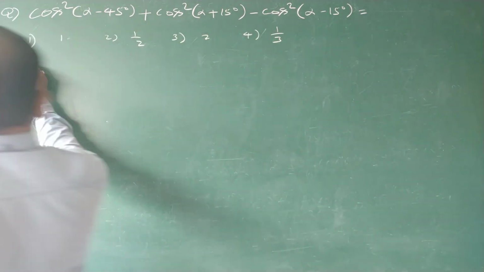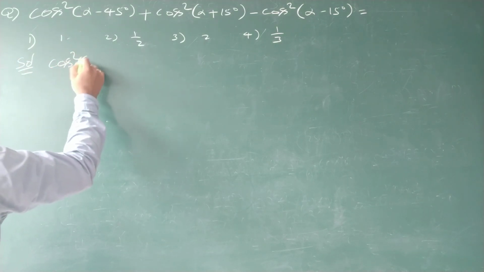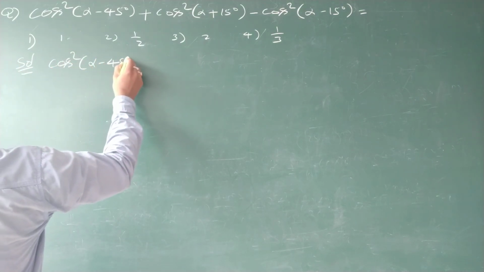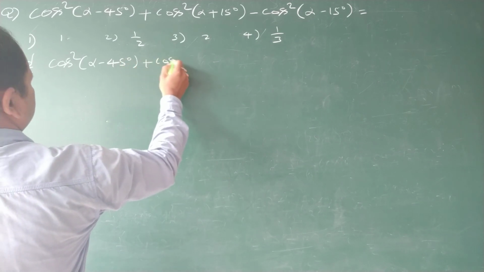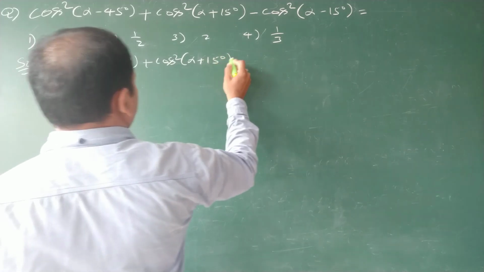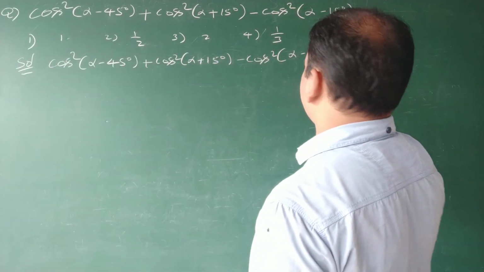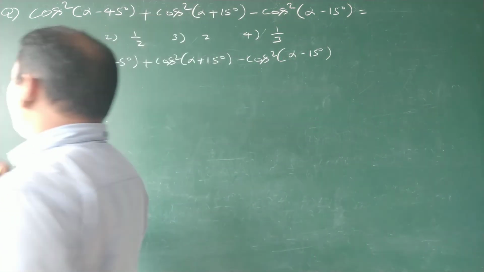Now solution for this question. Take cos square (alpha minus 45 degrees) plus cos square (alpha plus 15 degrees) minus cos square (alpha minus 15 degrees). Actually we know the formula.